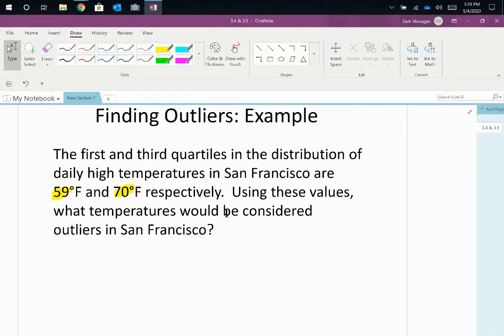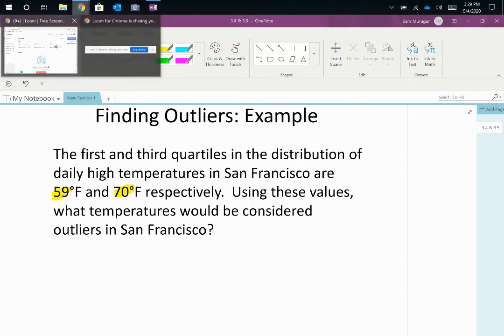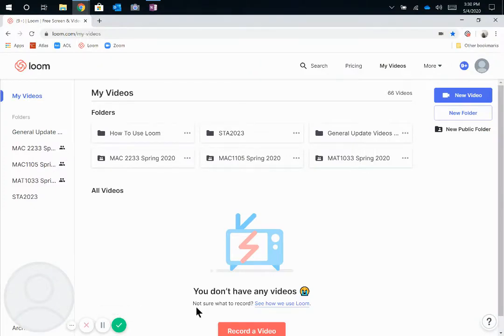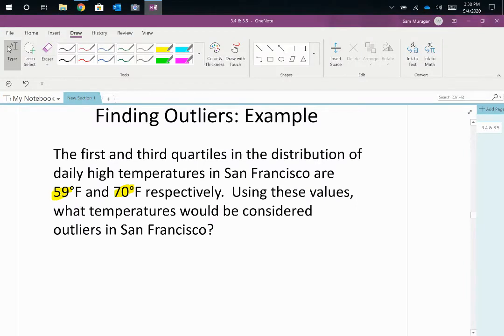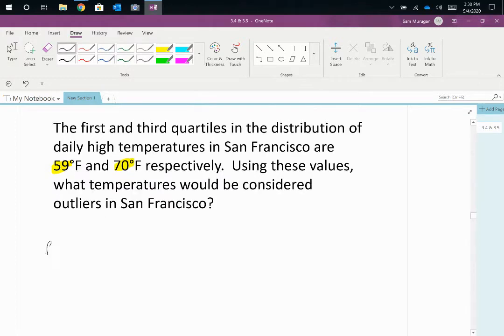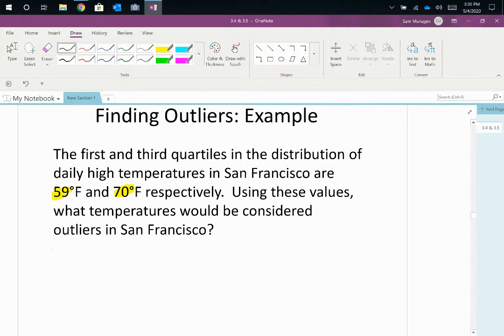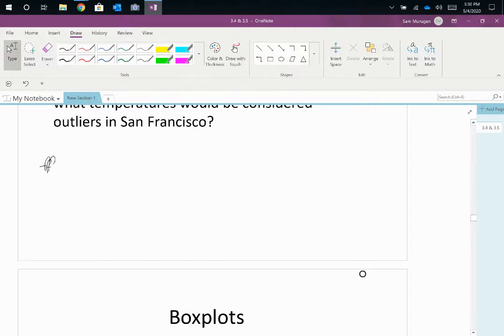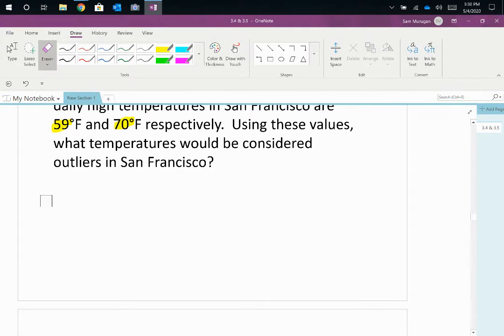Just look at the data and we're going to go ahead and try to solve this problem, okay? 1 second here. Okay, so to get an answer here, we have to talk about fences first. What the heck? Not sure what's happening there, but let's see. Fences.